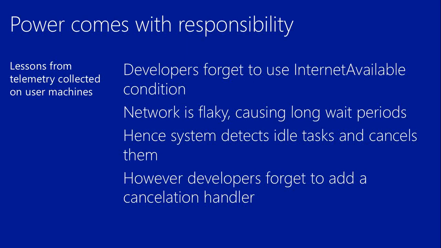However, there's another gotcha here: the developer forgets to add a cancellation handler. Remember, I told you that this is a common gotcha. If developers forget to add the cancellation handler, then the app might unwind improperly, and it might corrupt some data.